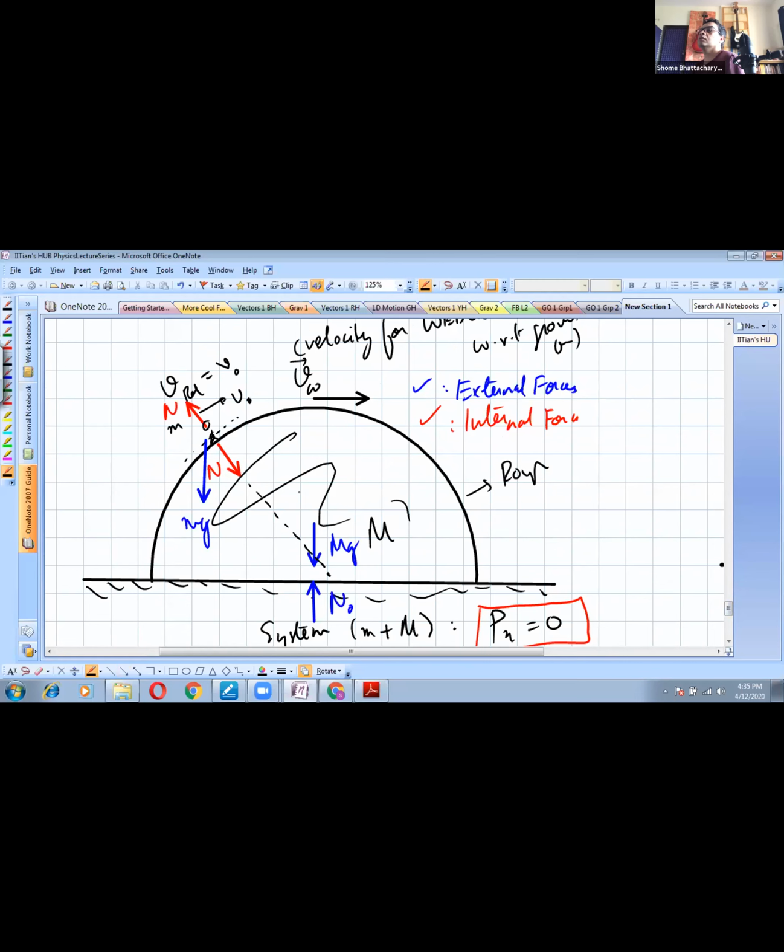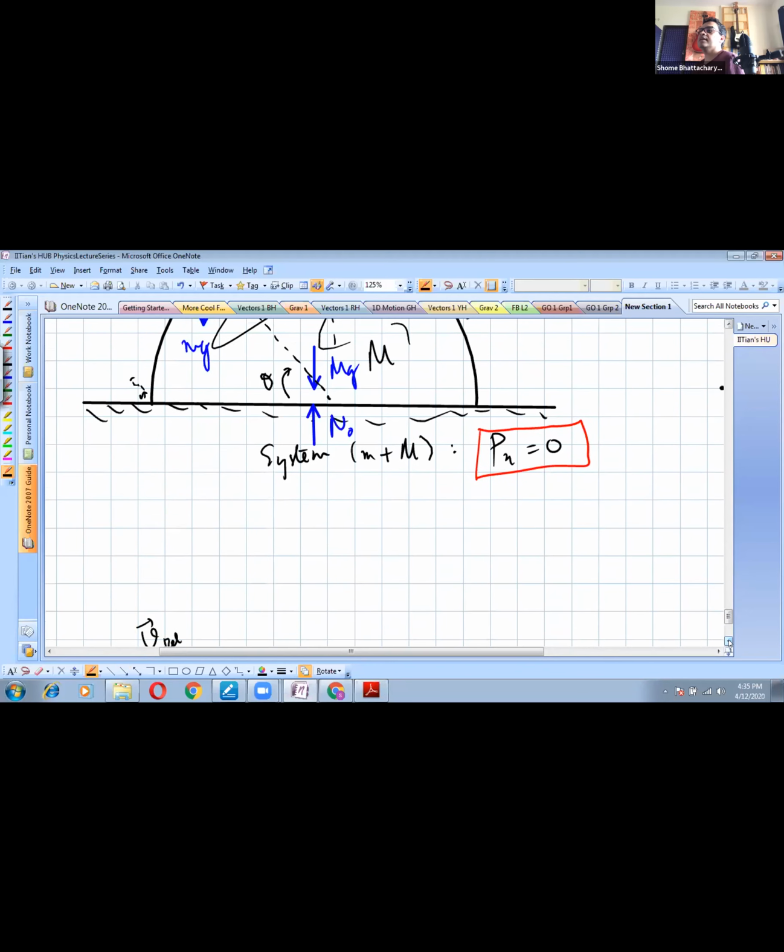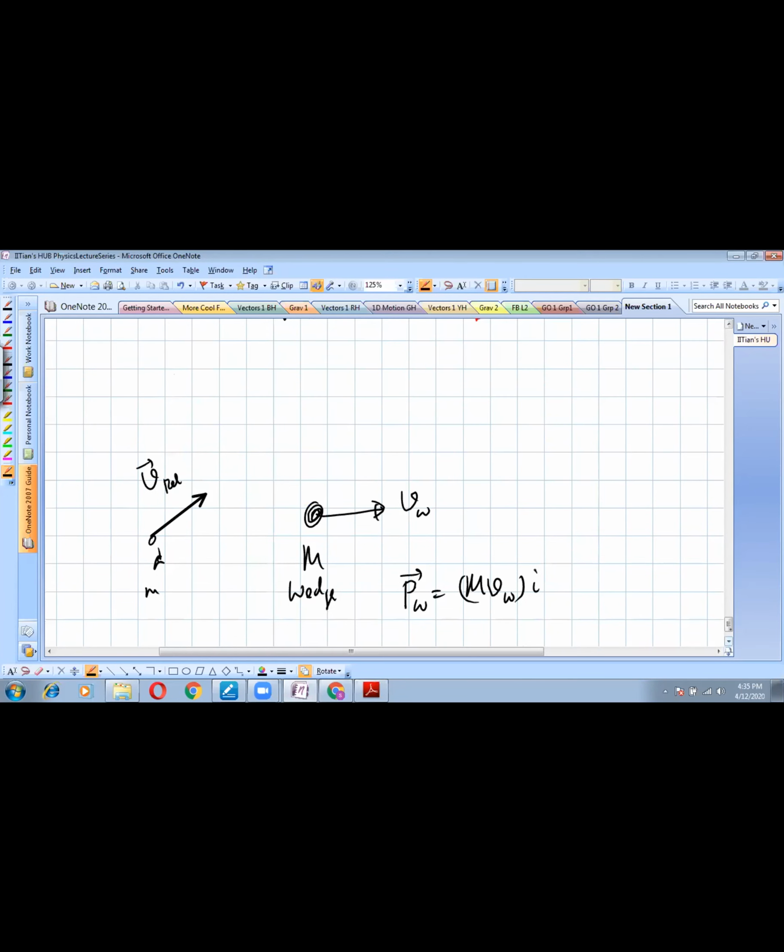Suppose he's at an angular position theta like this, at an angle theta to the vertical. With respect to the starting position, which was here, if he has made an angular displacement of theta, then in this diagram, this v relative is at an angle theta like this.